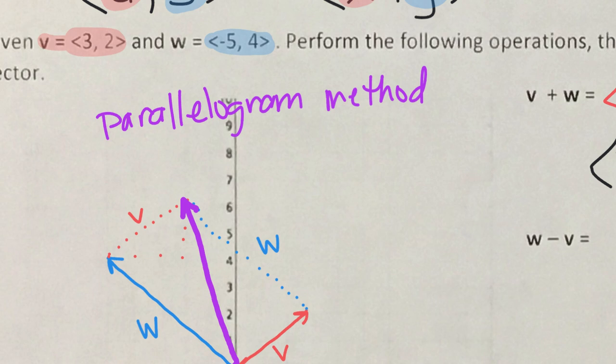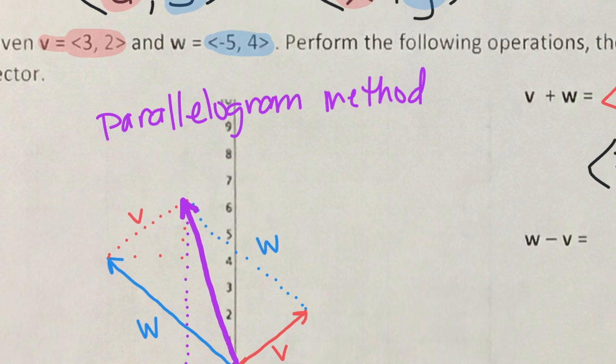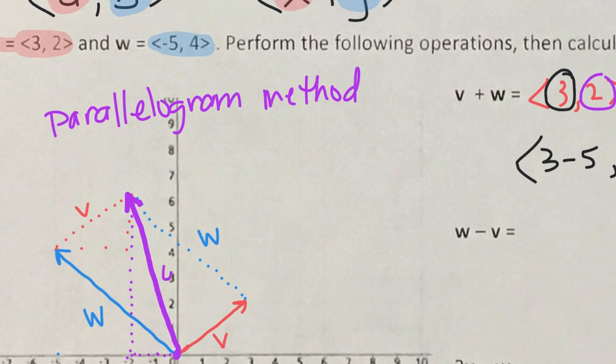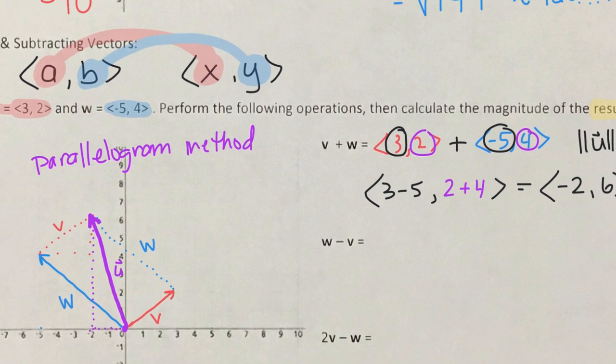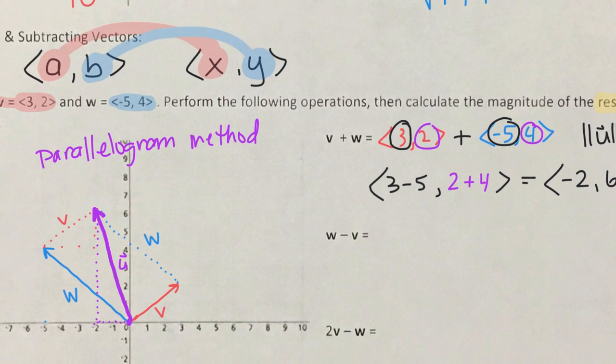This vector is 1, 2 units to the left, and then 1, 2, 3, 4, 5, 6 units up. So sure enough, this resultant, which I called u a second ago, is the vector negative 2 comma 6.